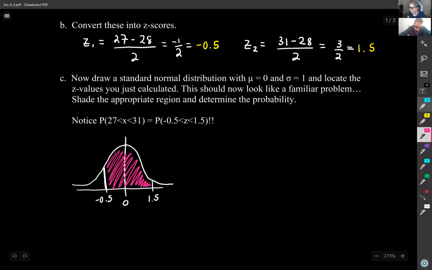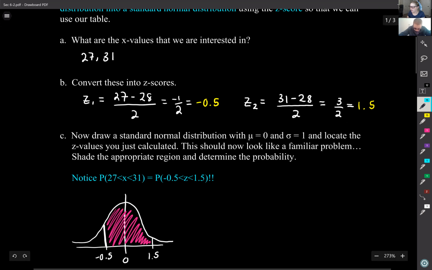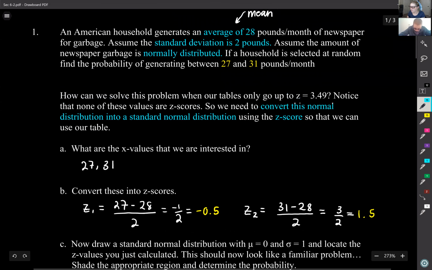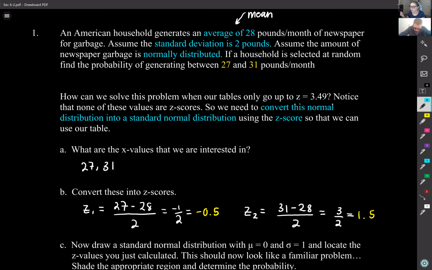There's a little note written here that says, notice that the probability that x is between 27 and 31 is the same as the probability that z is between negative 1/2 and 1.5. All it's saying is that the probability we were asked for at the beginning, about x being between 27 and 31, is the same as the probability of z falling between the z-scores that we calculated.